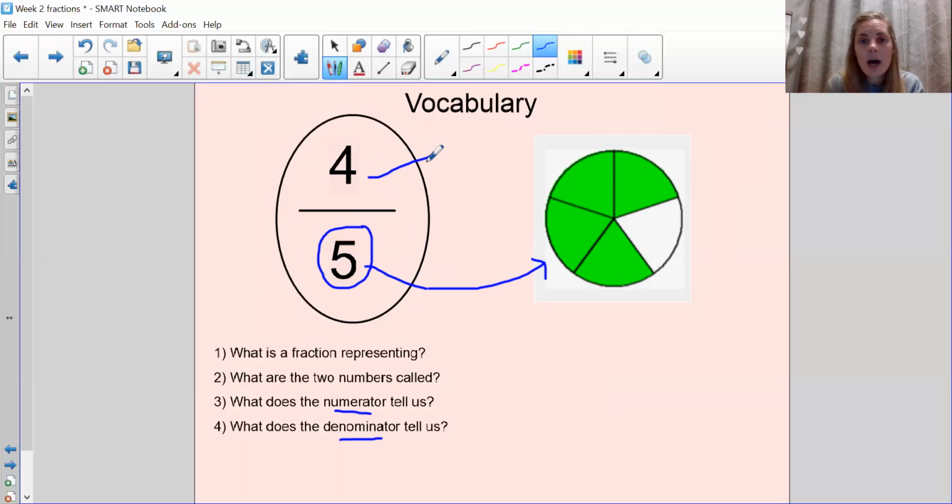And then the top number tells me how many of that I have shaded. So in this example, I've got 4 equal pieces that have been shaded. So this top number, the numerator, tells me how many I have, and the bottom number tells me how many equal pieces I have divided this whole into.